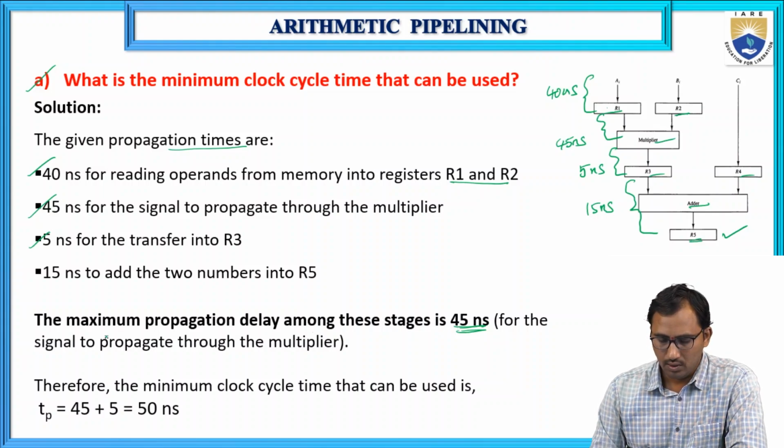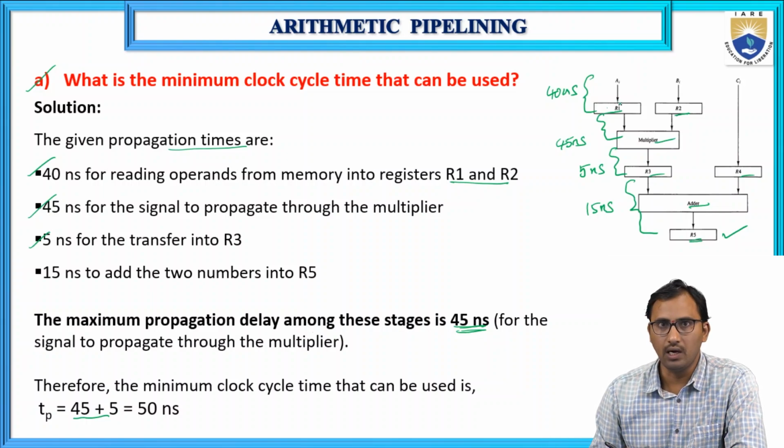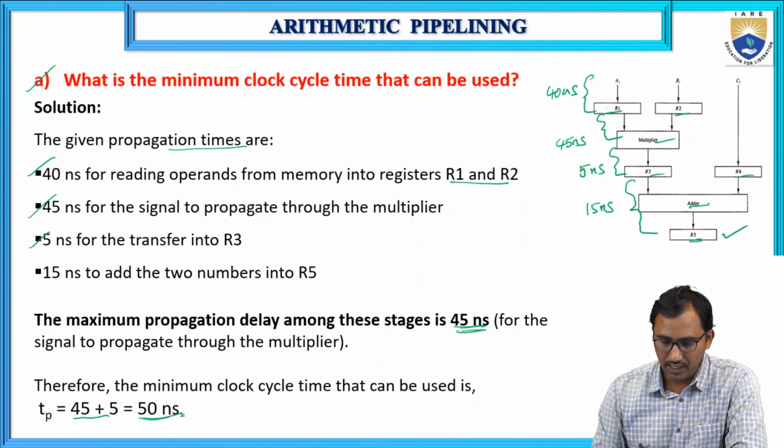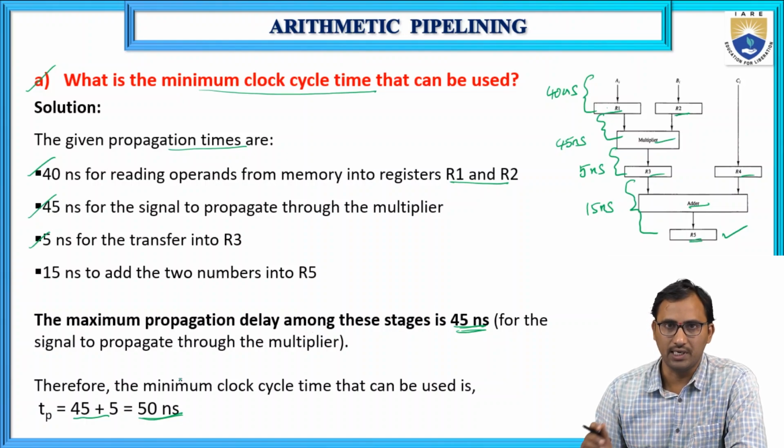So the maximum propagation delay of 45 nanoseconds plus 5 nanoseconds overhead, that is, for storing that value into the next stage. So 45 plus 5 is equal to 50 nanoseconds. That means the minimum clock cycle time is 50 nanoseconds.